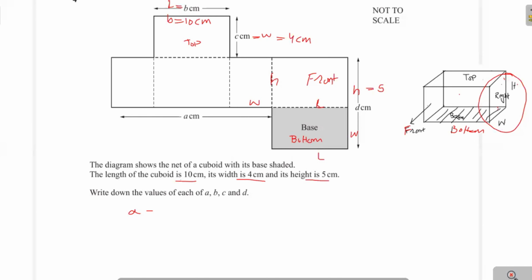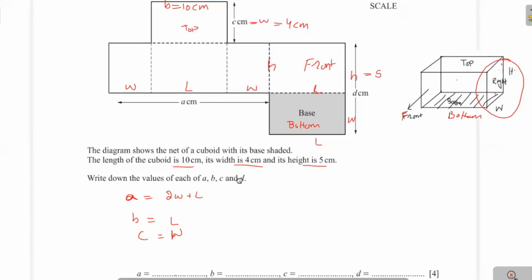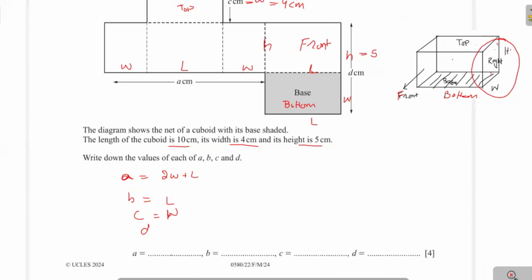You see here, the length of A has the edges width, length, and this is also width. Therefore, we can write A is equal to 2 times width plus length, B is equal to length, and C is equal to width. You see here, D is equal to W plus H. Therefore, 2 times 4 plus 10 will be equal to 14.